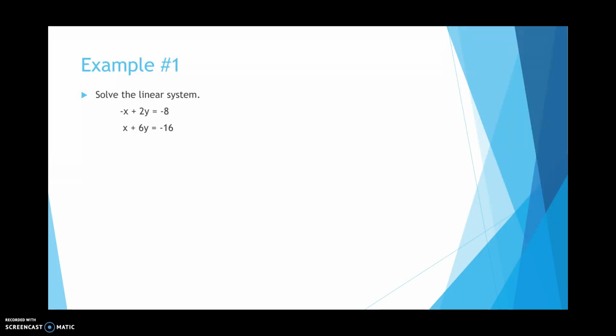Step 1, we want to line up the equations in the ax plus by equals c form. Is this lined up in the ax plus by equals c form? It is. You have negative x plus 2y equals negative 8, x plus 6y equals negative 16. Then we have to look at the x's and the y's and see which one we can eliminate, meaning can negative x plus x give you 0?